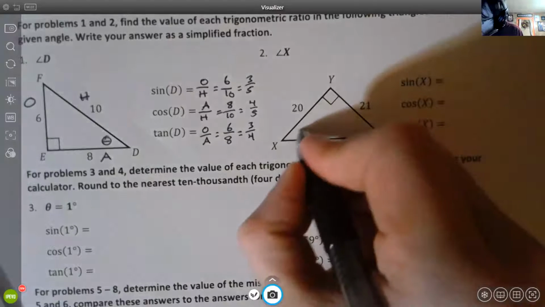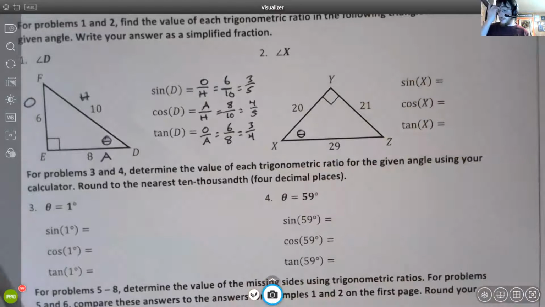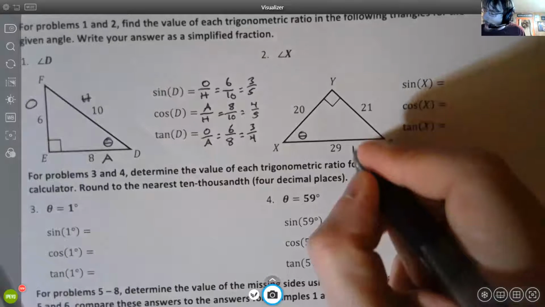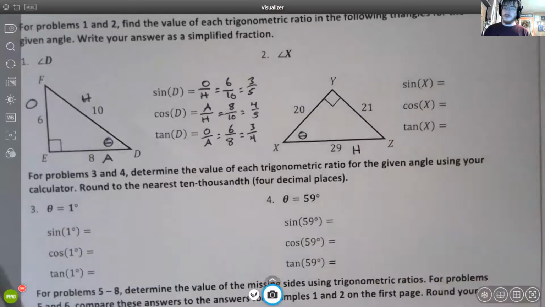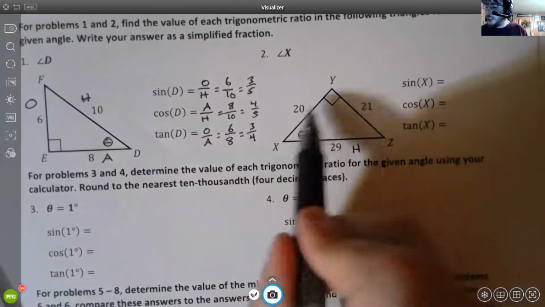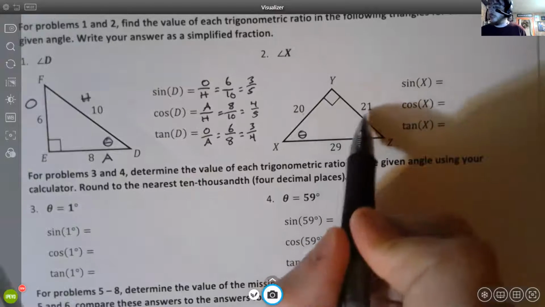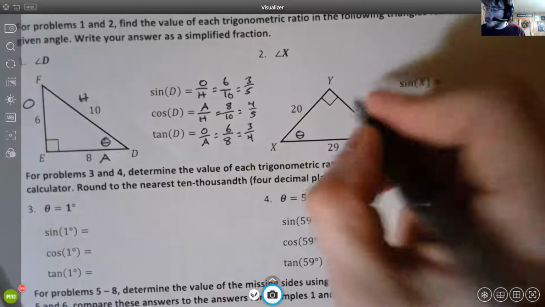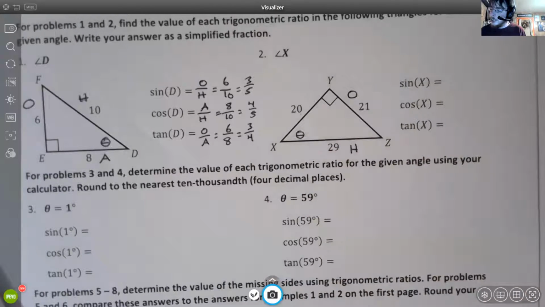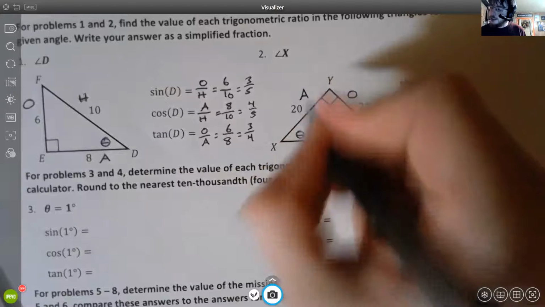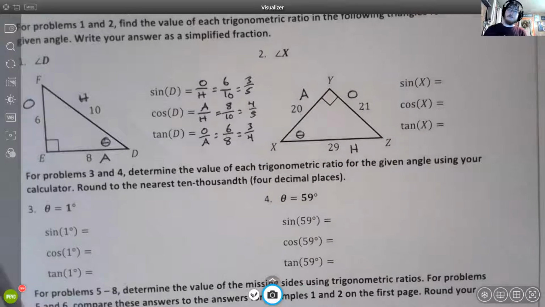So in this case, it's on angle X. And we're going to label our hypotenuse first. Our hypotenuse is 29. Our opposite side, would it be 20 or 21? Well, 21 does not touch theta, so 21 has to be our opposite side. That means that 20 is our adjacent side.